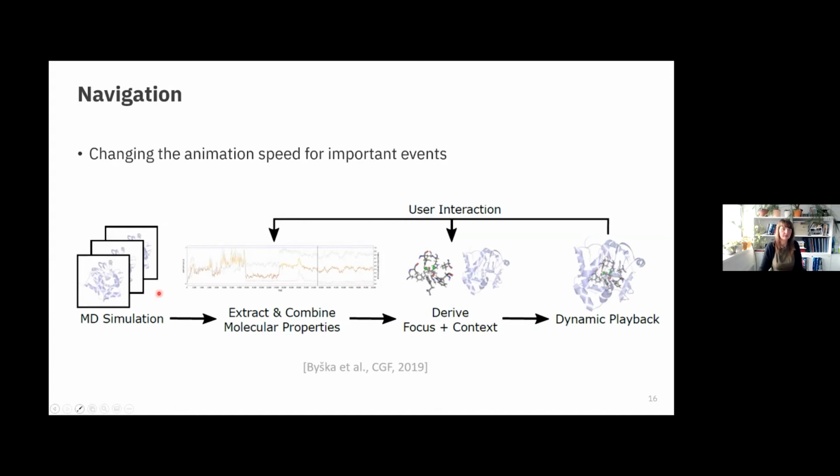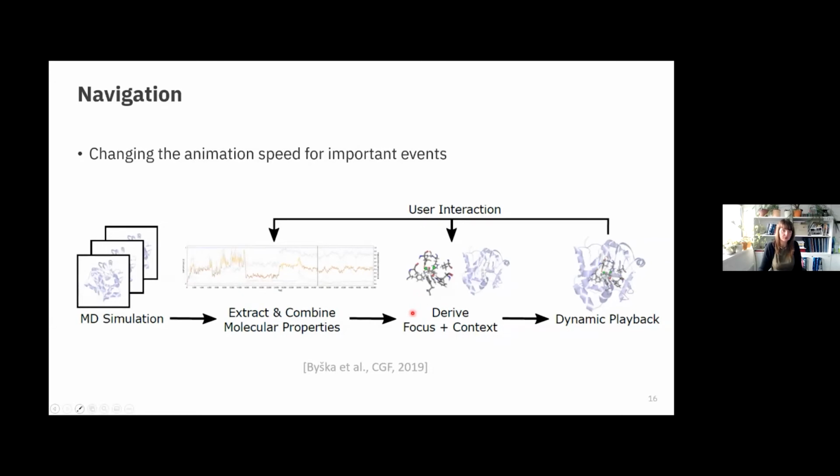So we start with the molecular dynamics simulation. We extract and combine these individual properties and parameters into something we call a descriptive function. This function, again like a line chart, guides the user from the spatial and temporal point of view as well.